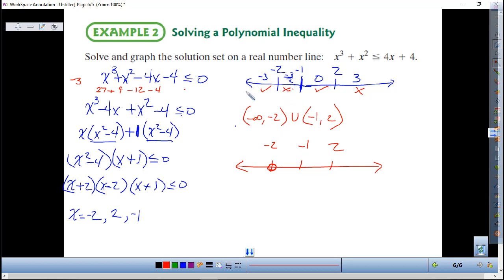I forgot that greater than or equal to means I'm going to include these points. So I'm filling in the dots and shading less than, going off to negative infinity. And then between negative 1 and 2, I have a closed interval, a little line segment there.